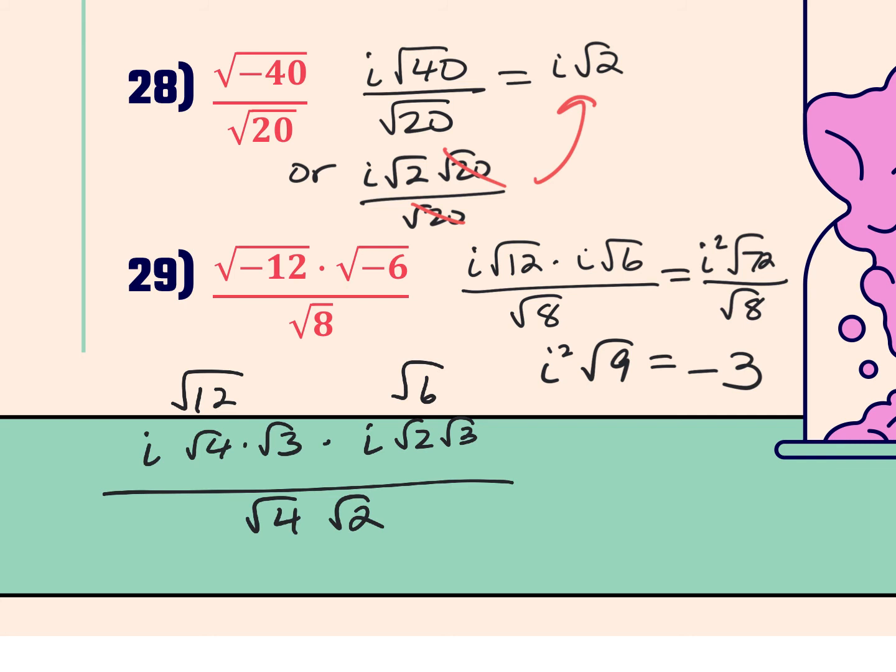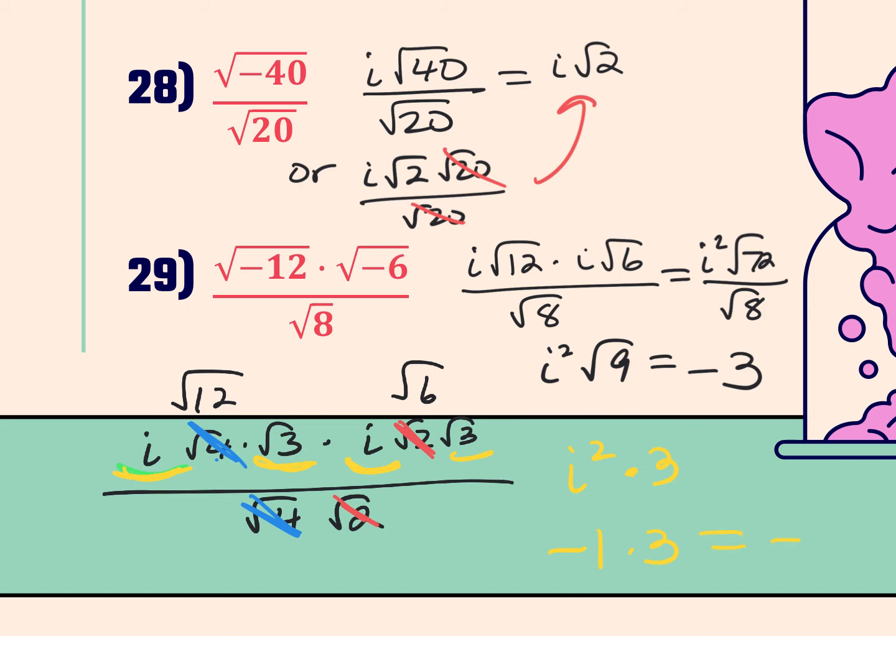Now, if you want to look for things to cancel before you multiply, you could say, well, 4 cancels that and that, because it's multiplied. It's not being added. And then your i's become an i squared. So then you get i squared, and then you got a pair of 3's. So the 3 comes out. So negative 3 that way as well.